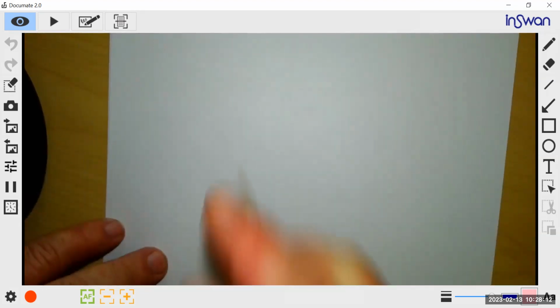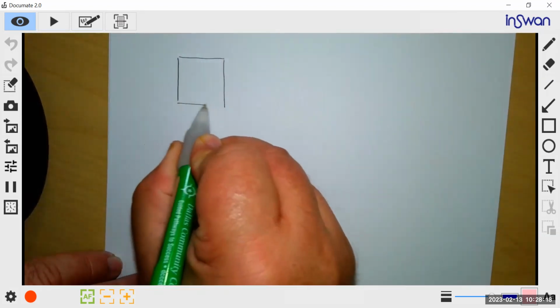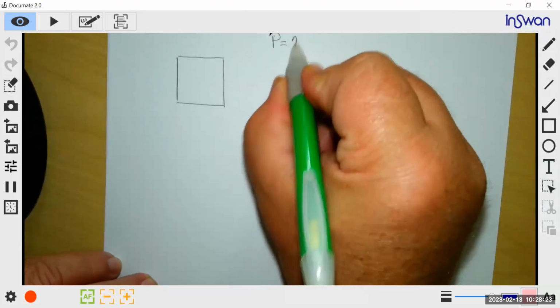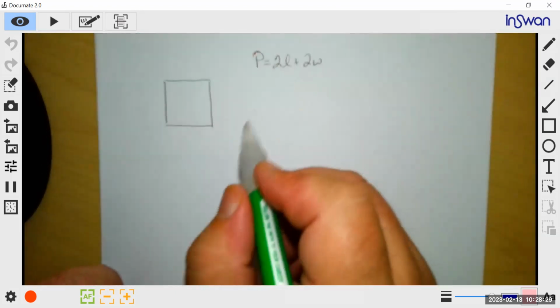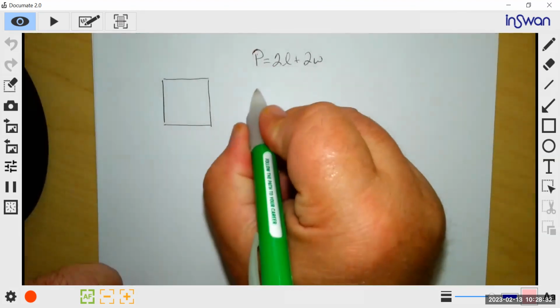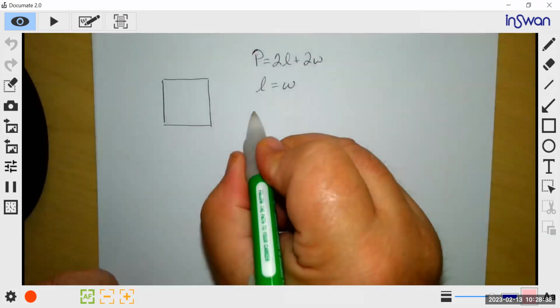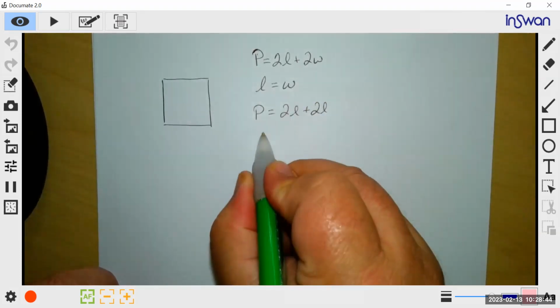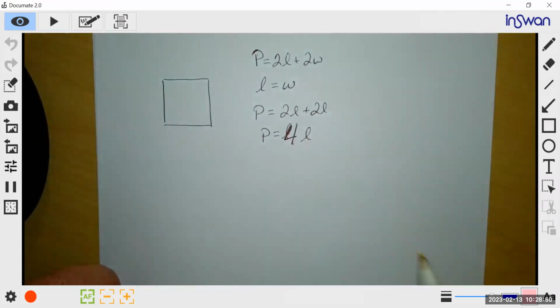So for a square, since the length and the width are equal in dimensions, we can just multiply 4 times the side length.